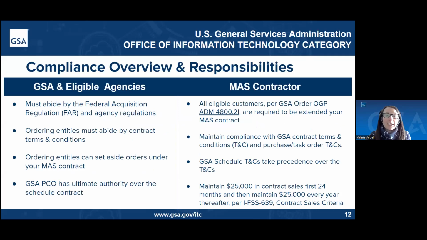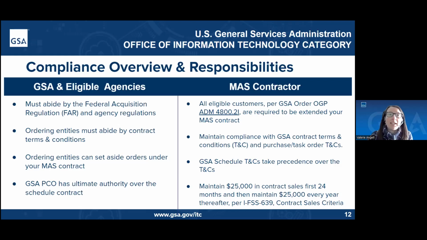This slide is a little busy, but it does outline the responsibilities of GSA and federal agencies to maintain compliance. And it also outlines the responsibilities of the vendor to maintain compliance. So if you look to the left side of the slide here, it lists all of the responsibilities of GSA and eligible agencies.